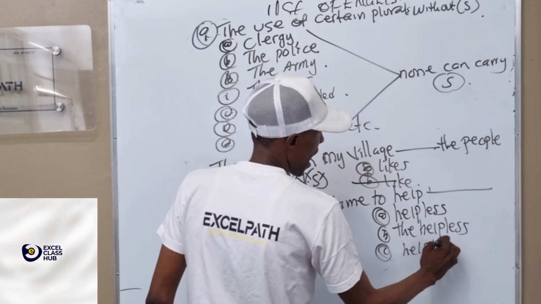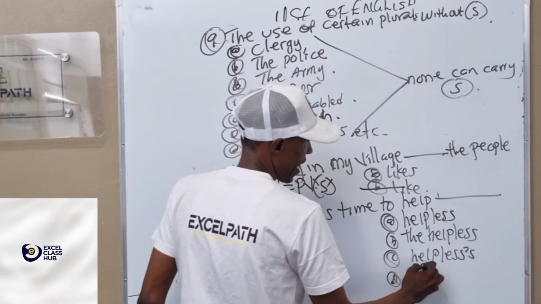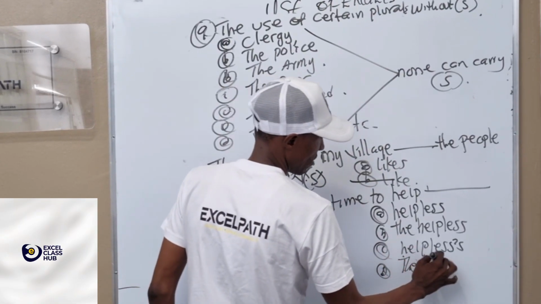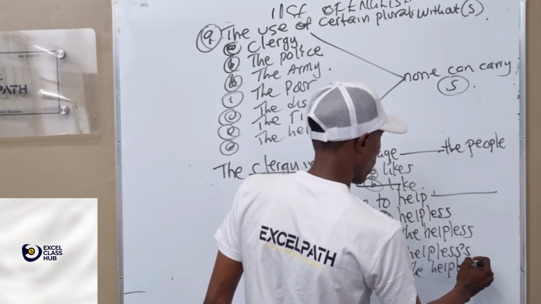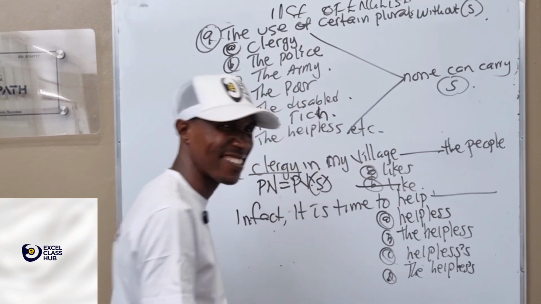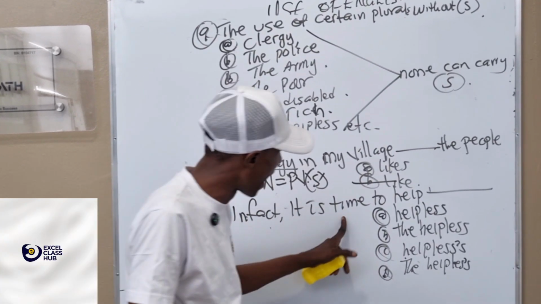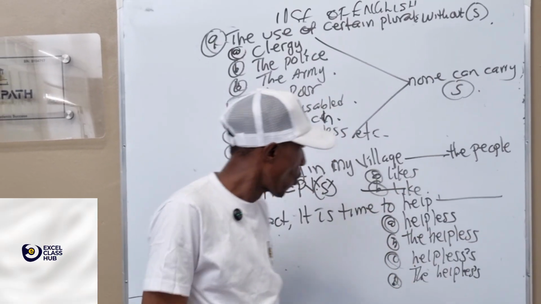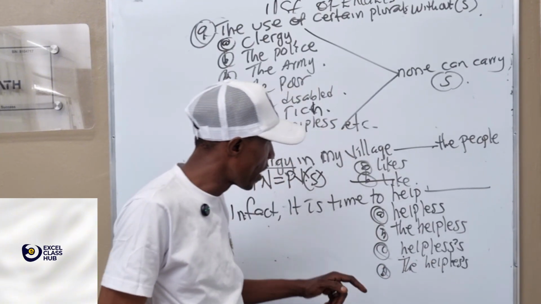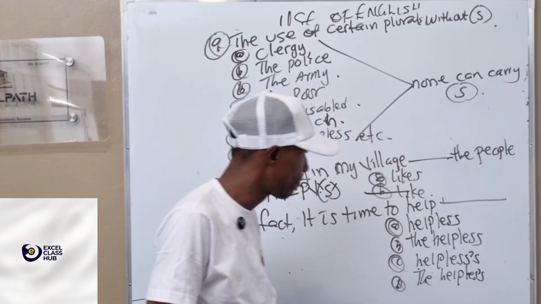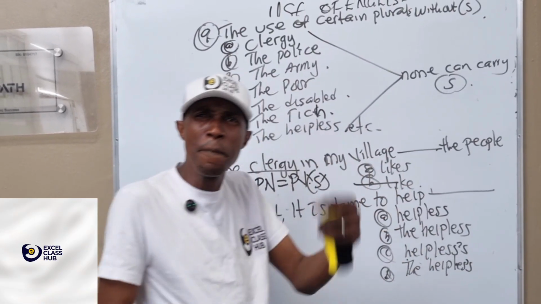C, the helpless with apostrophe S. And D, the helpless with apostrophe before the S. Look at this question. In fact, it is time to help dash. We have helpless, we have the helpless, we have helpless with apostrophe, and we have the helpless with apostrophe before the S.